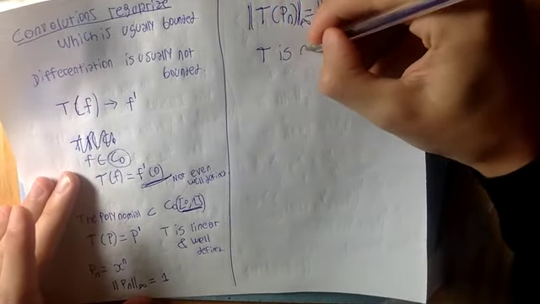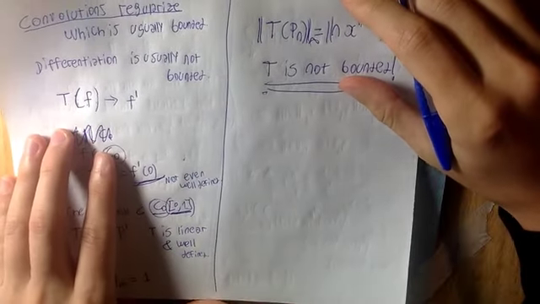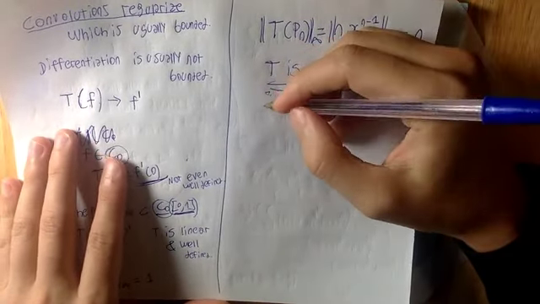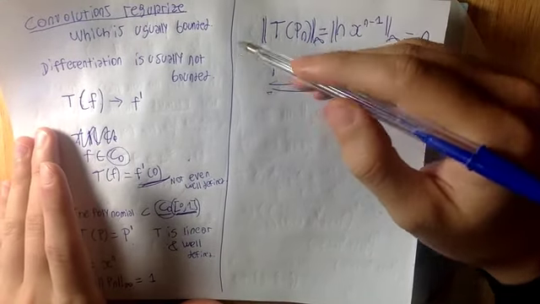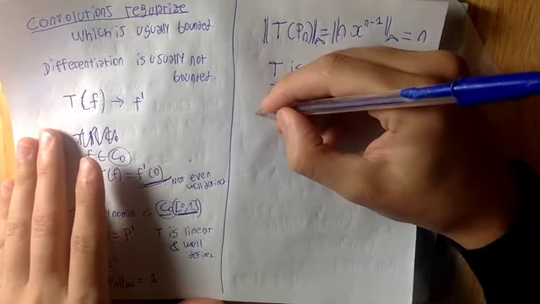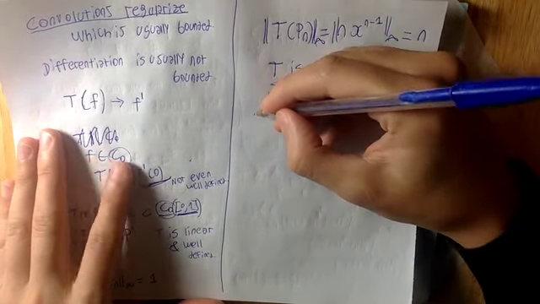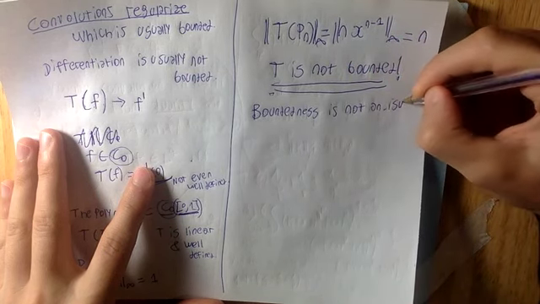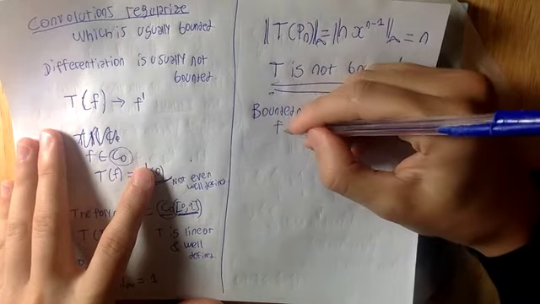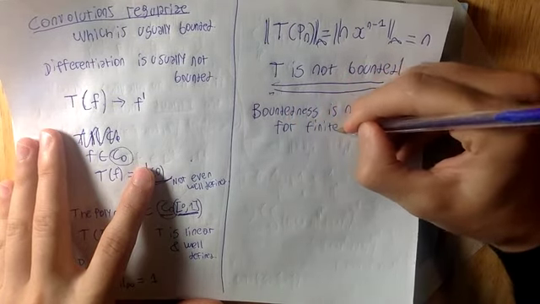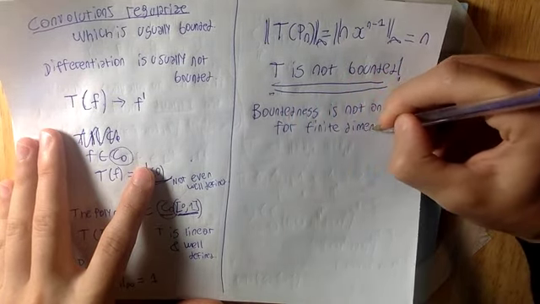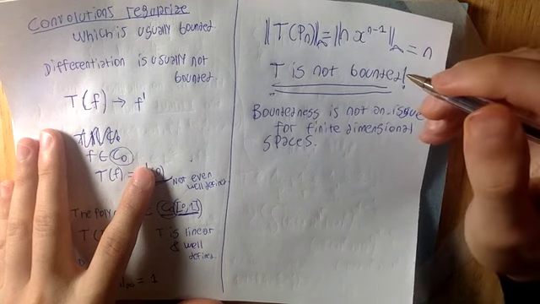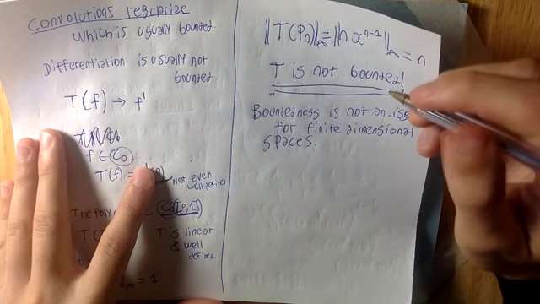Okay, so one thing that I've been trying to stress throughout this class is that all of these things of boundedness and these kind of things, they're not quite an issue for finite dimensional spaces.